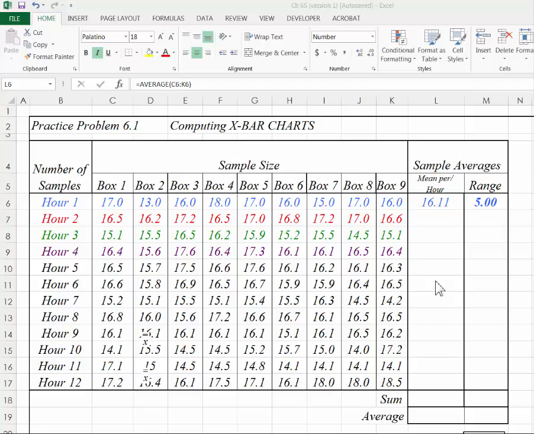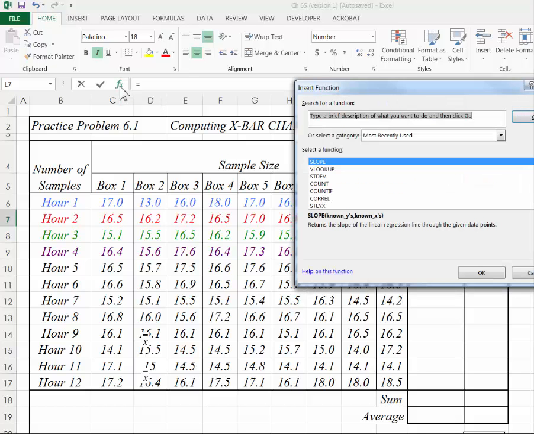So what I want to show you how to do here is how to calculate this yourself in Excel. You could do the same thing by hand, but of course I think it's a little easier in Excel. So I'm just going to click on this box where I want to compute it, and I'm going to go right up here to this f of x insert function. I'm going to click on that, and I'm going to type in average because I know that's what I'm looking for.